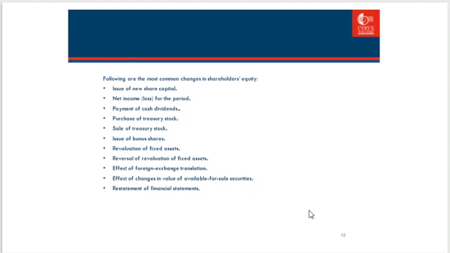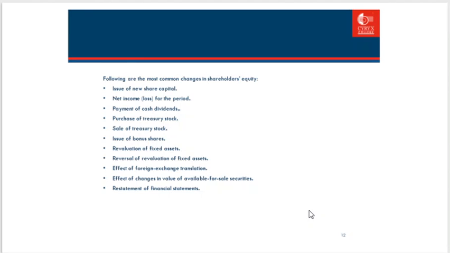Sixth, issue of bonus shares. Affects common stock, additional paid-up capital and retained earnings. Seventh, revaluation of fixed assets. Increases revaluation surplus. Eighth, reversal of revaluation of fixed assets. May decrease revaluation surplus. Ninth, effect of foreign exchange translation.